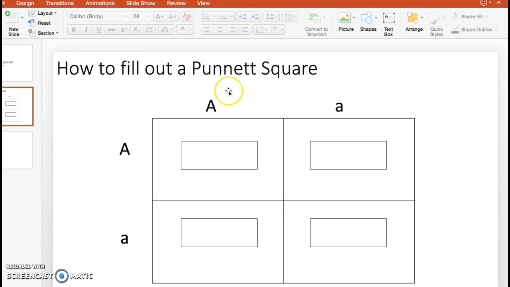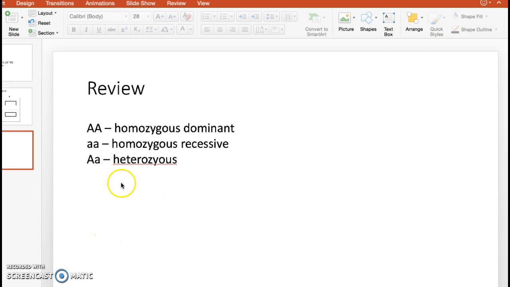So how we fill out a Punnett square is we have our two pairs, one for mom, and we'll put that at the top. And then we have a pair from dad, and we'll put that on the side. So let's go back and remember that when we have two capital A's, it's homozygous dominant. And when we have two lowercase a's, it's homozygous recessive.